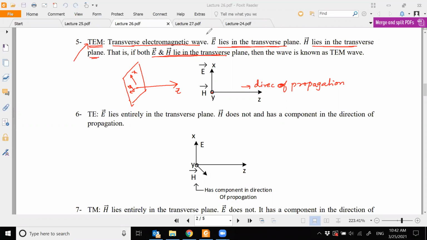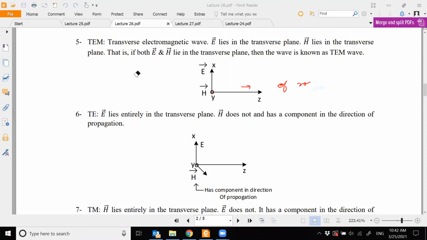Next is the TE, which is called the transverse electric mode or transverse electric wave. So here the condition is E must be completely inside the transverse plane. H need not be, because H will have a component in the direction of propagation.